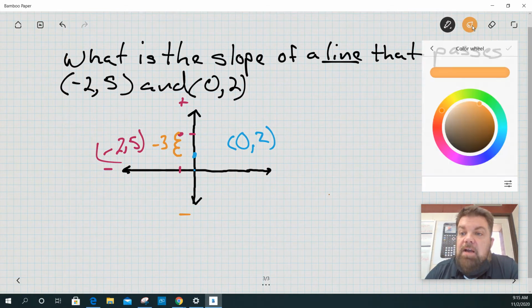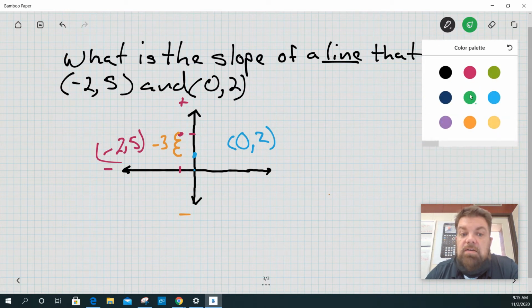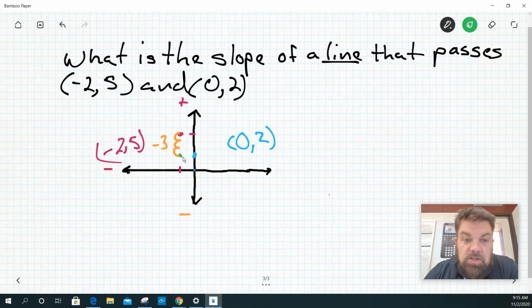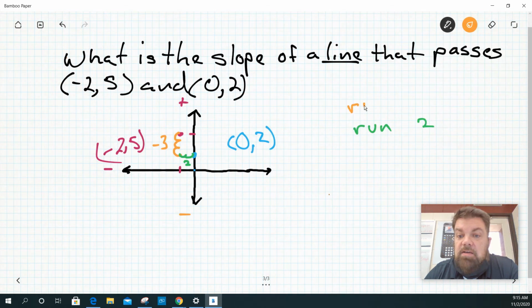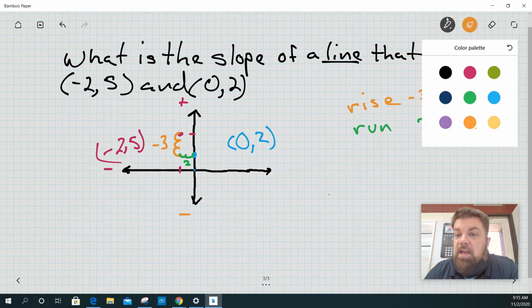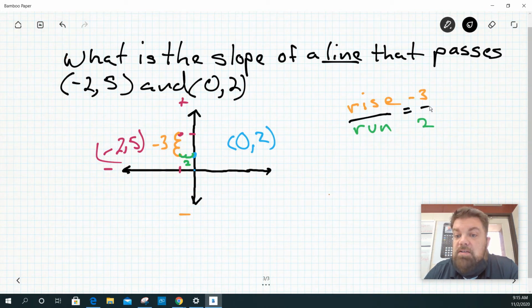And then I'm going to figure out my run, which is 1, 2, all right, +2. So my run then is 2, and my rise was a -3. And that is what the slope is, -3 over 2.